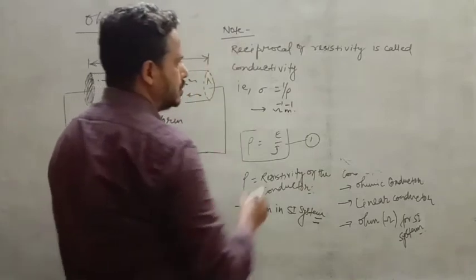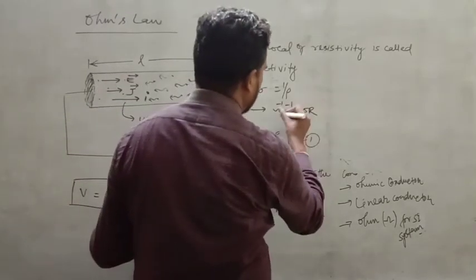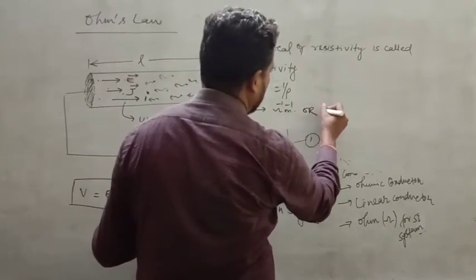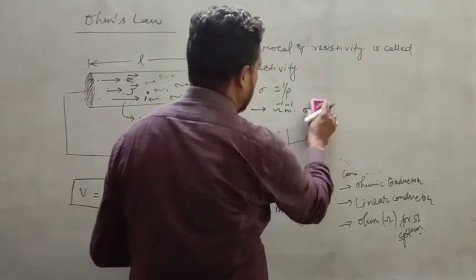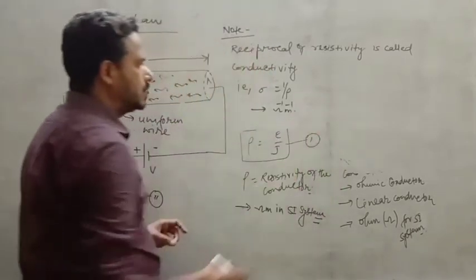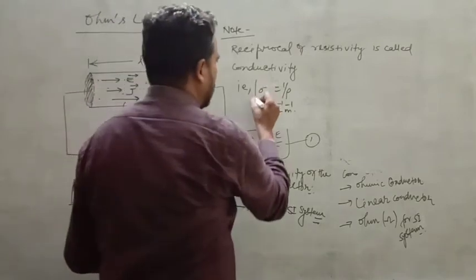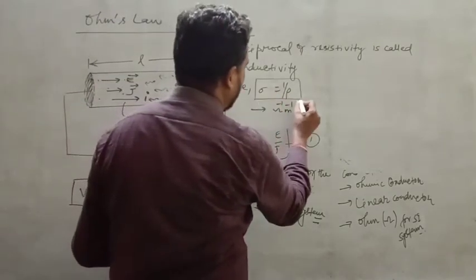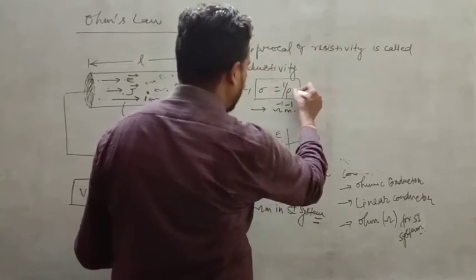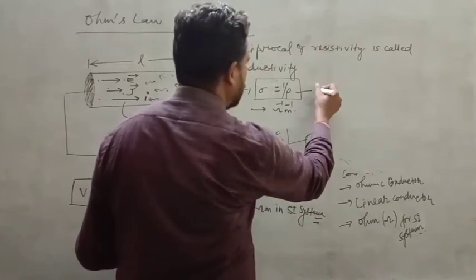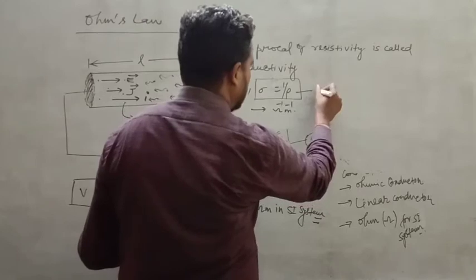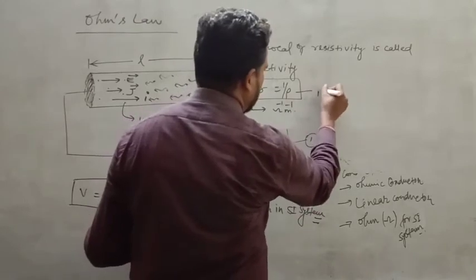It is also written as mho per meter. We will see this later on. This is another relation that we have got, which is equation 4.